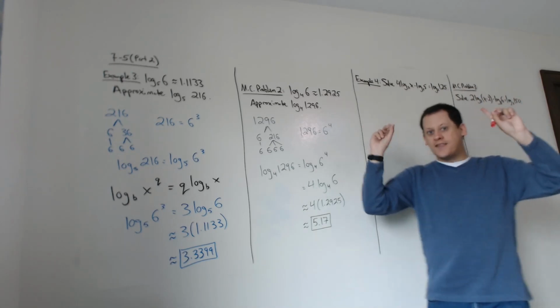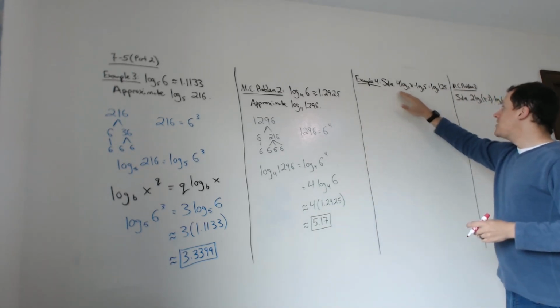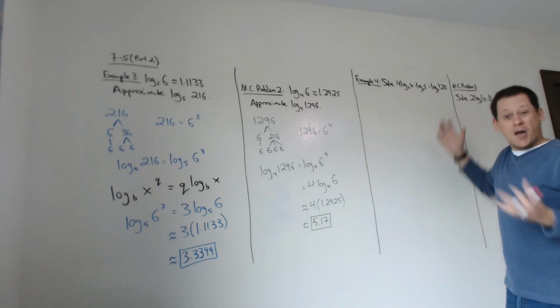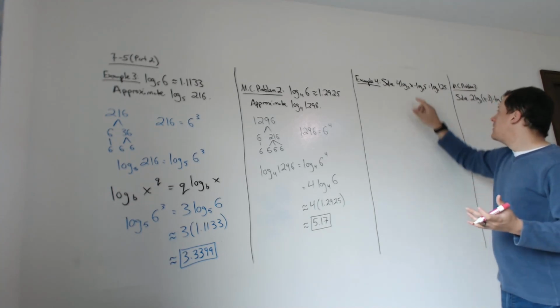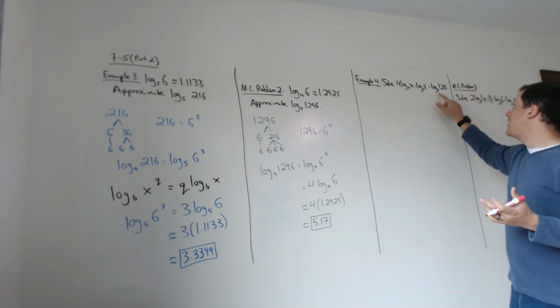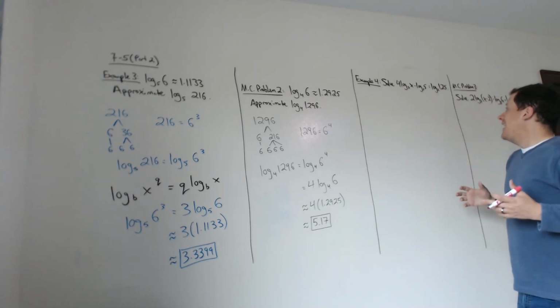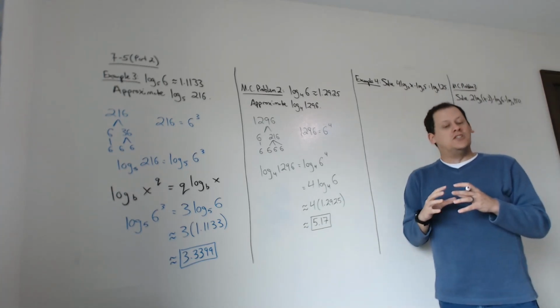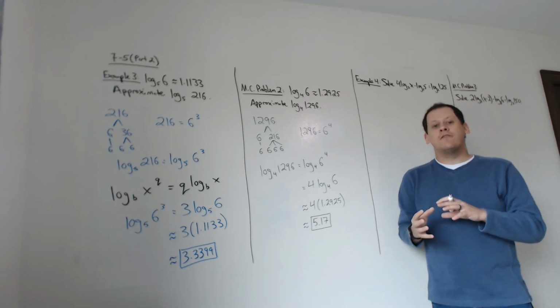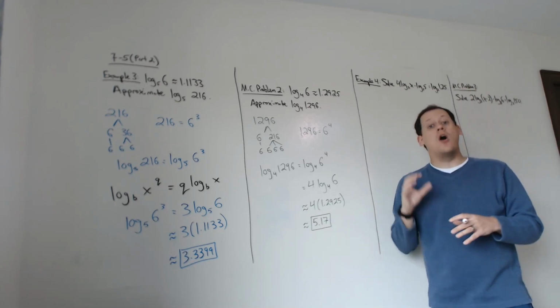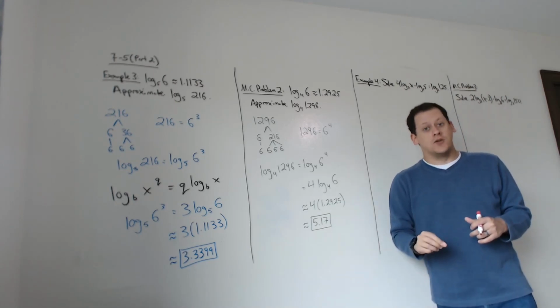Check out what we've got in this example though. We want to solve this equation. How many logs are there? 1, 2, 3. Okay. And it turns out there's nothing we can really do with the logs if there are more than one on one side of the equation.